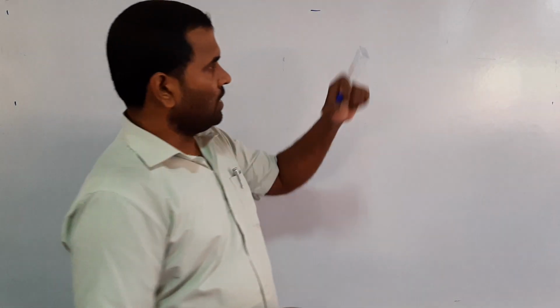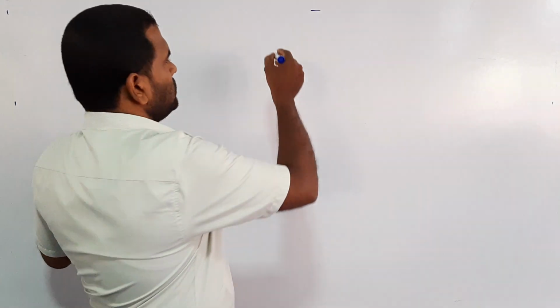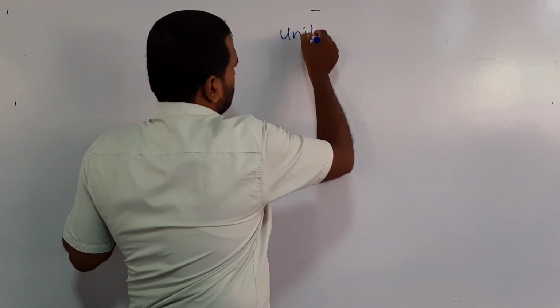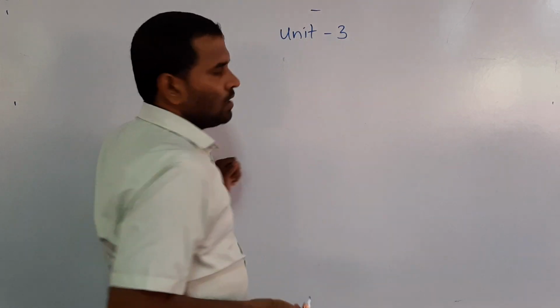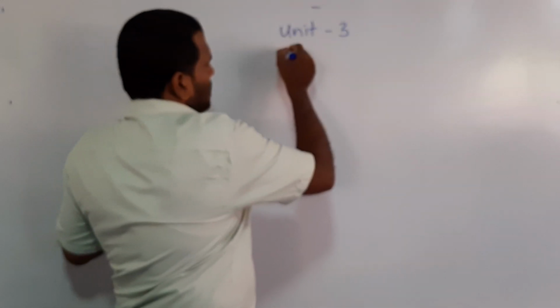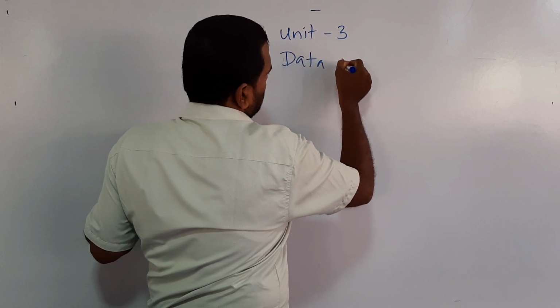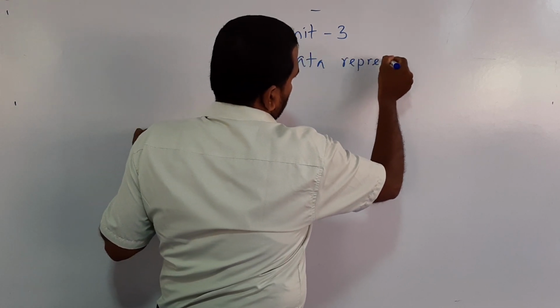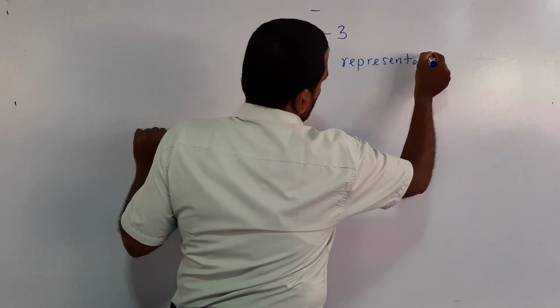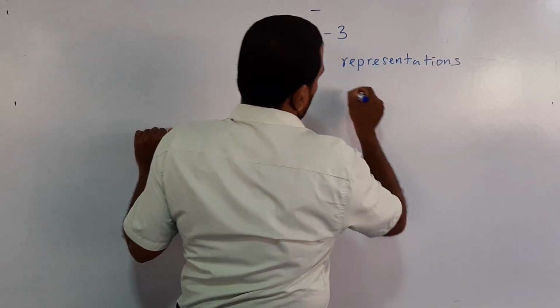So straight away I write the unit. This is unit 3, Grade 10 ICT unit 3, data representations in computers.